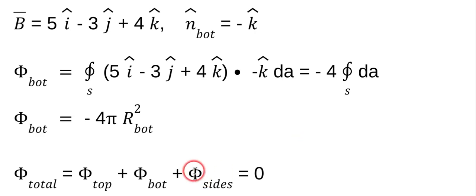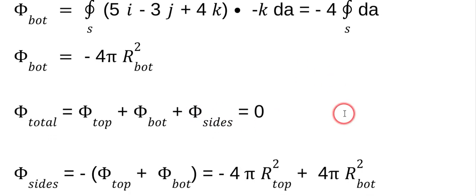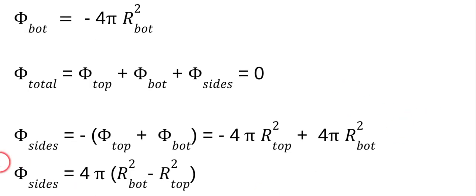So all I've got to do is solve for this by taking it to the other side, and there it is, equal to 4 pi times r squared bottom minus r squared top. Anyway, that one was harder than I thought it was going to be, but it was kind of fun.